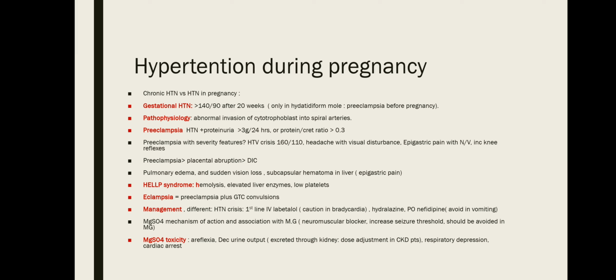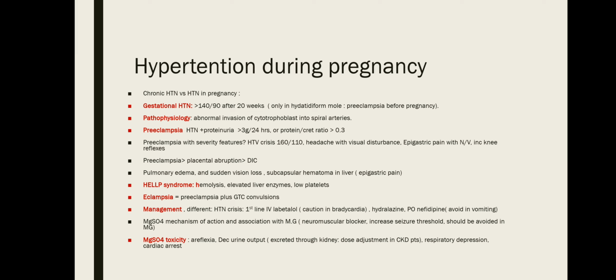And preeclampsia is either mild or severe. Features of severe preeclampsia are severe hypertension, which is blood pressure greater than 160 over 110, headache with visual disturbance, epigastric pain with nausea and vomiting, and increased knee reflexes. These are all the features of severe preeclampsia.